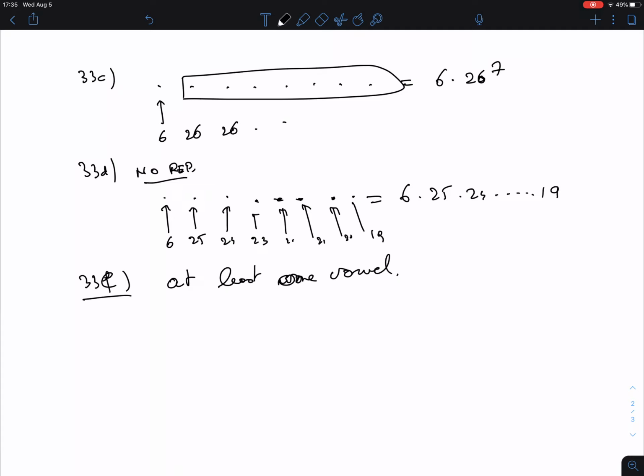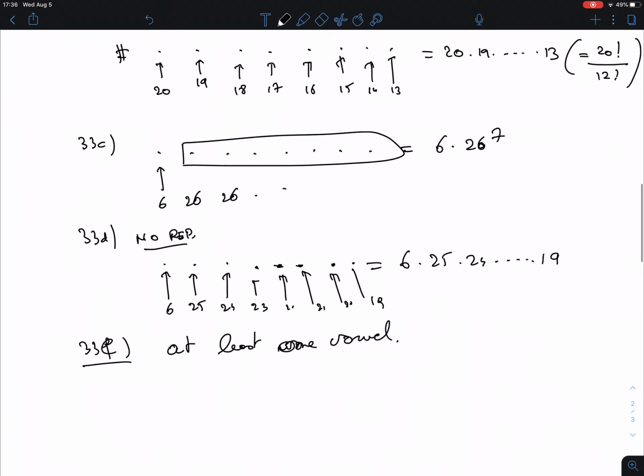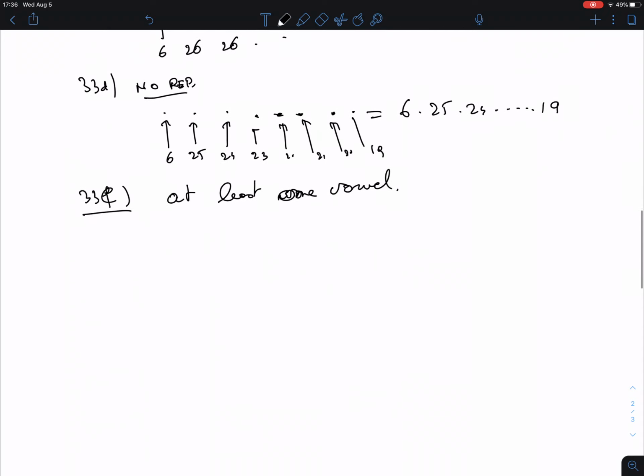You could try to enumerate all possibilities, but if it has to be at least one vowel, well, let's look at the words that would violate this rule. Do I know how many there are that violate the rule? This would be all the words of length 8 that do not have a vowel. Yeah, but wait, I calculated that. This is this number. These are the ones that do not contain a vowel. So these are the bad ones. Now, how many in general are there?